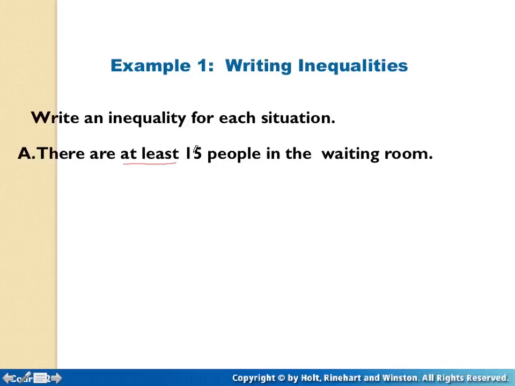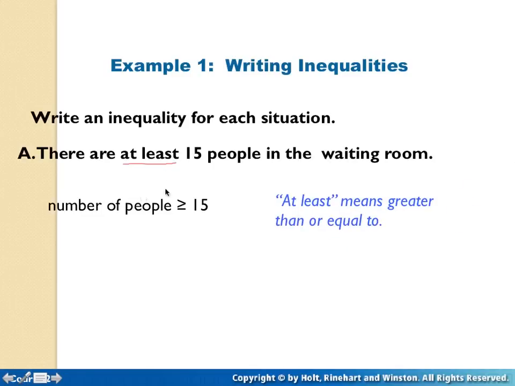There could also be 16 or 17 or 18. So in this case, the number of people is greater than or equal to 15 because 15 people could be part of the at least. At least means greater than or equal to. If we were to graph this solution, we would graph it with a closed circle.